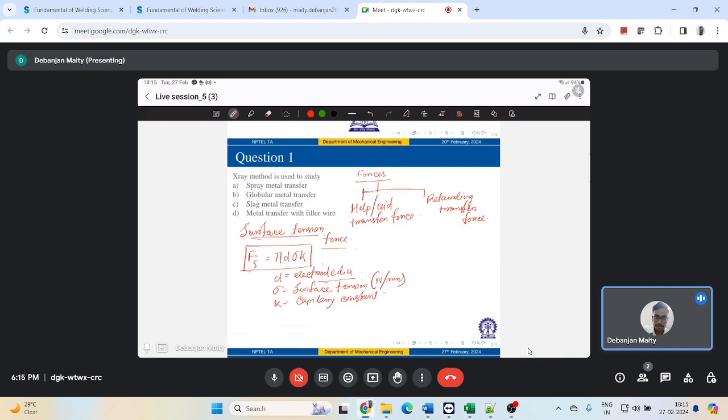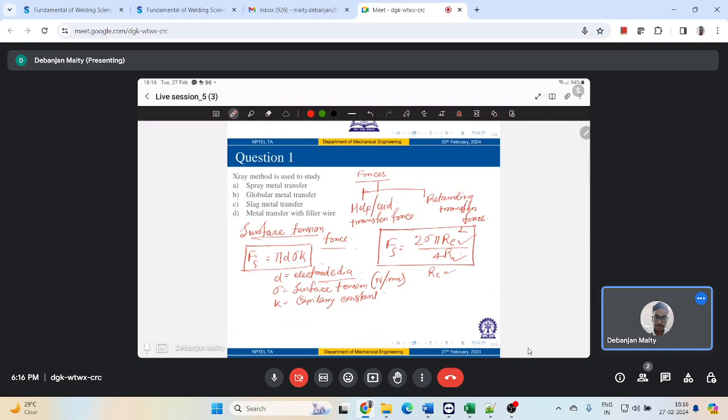Now, as I was saying, it may happen that your electrode and droplet dia will not always be similar, and during that time your equation will be something like this. This will be my equation through which I can measure the surface tension force when the electrode dia and droplet dia are different.